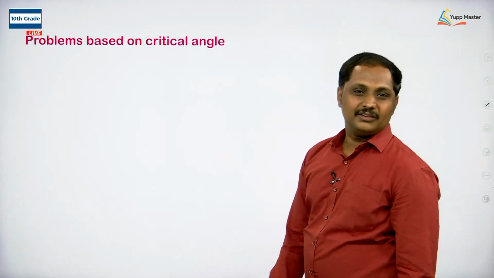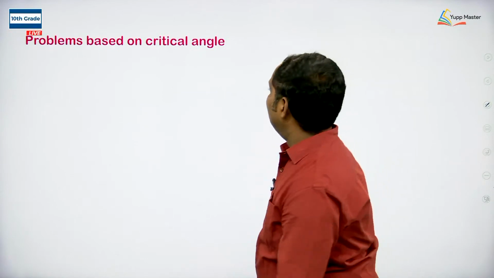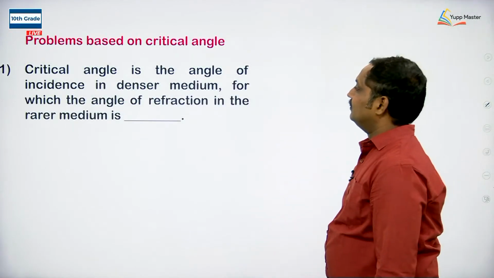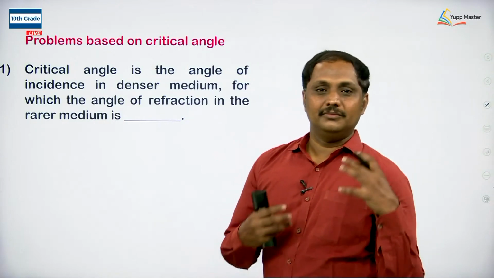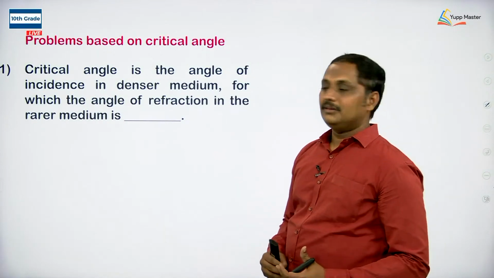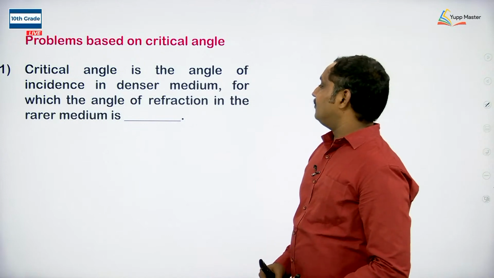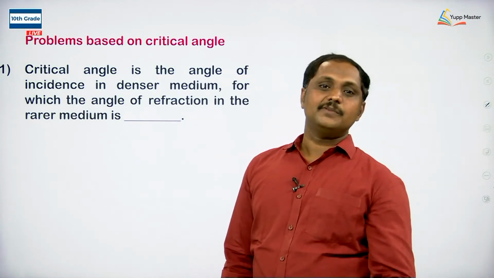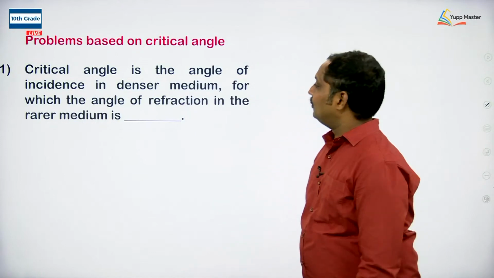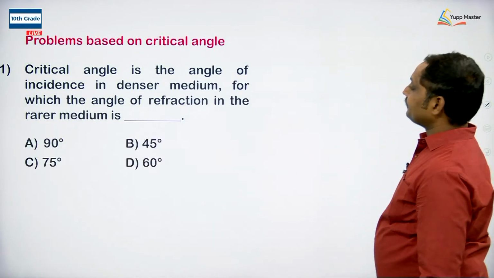Problems based on the critical angle we will discuss. So from the basic definition, the critical angle is the angle of incidence for which the angle of refraction becomes 90 degrees. So look at the given problem.